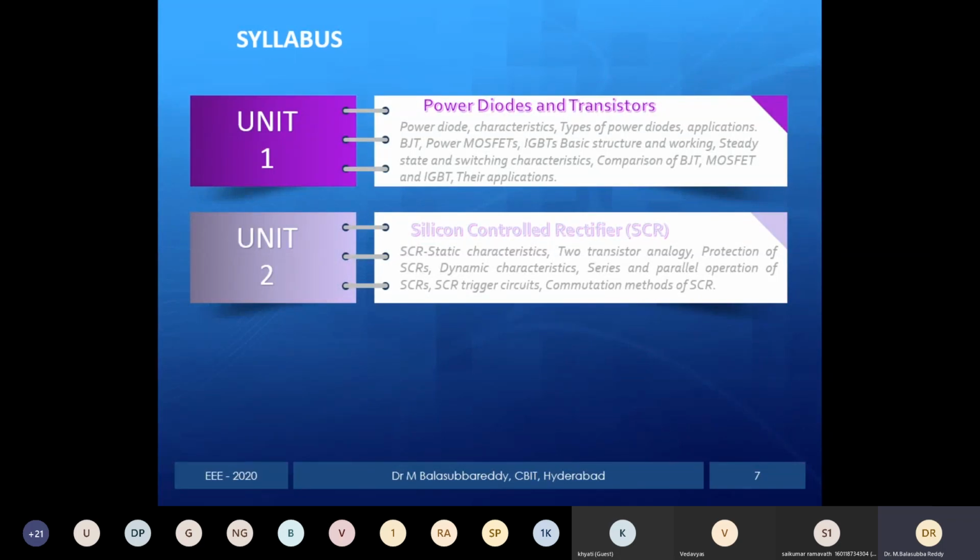Not only this, you can see in the motor case, I mean generators also are connected in parallel, or alternators are connected in parallel. So what is the reason? When one unit is not sufficient to meet the demand, obviously we have to go with a combination, that is a parallel operation of SCRs, like generators. Similarly, we can say series operation also.